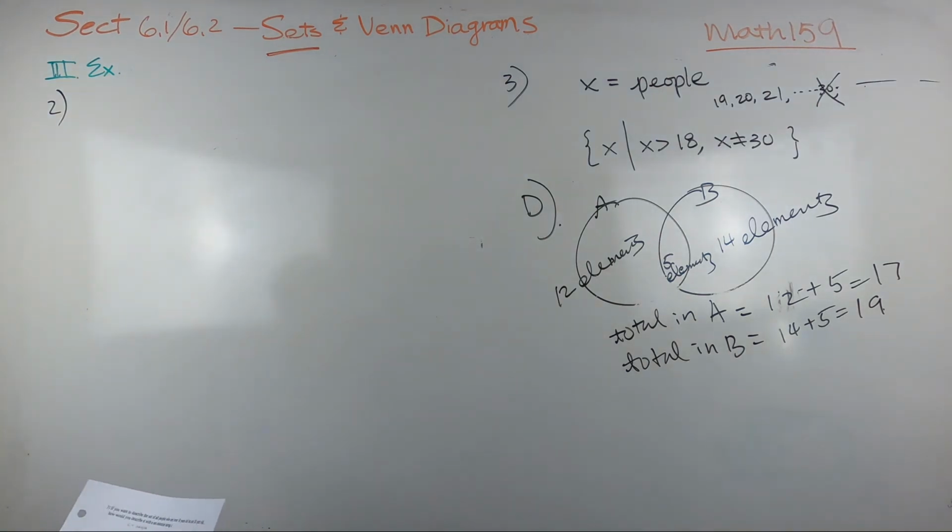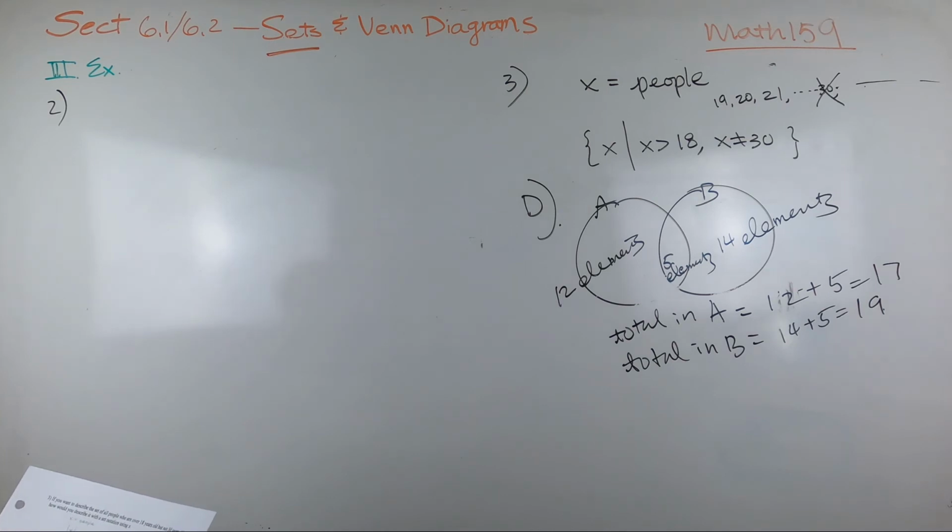Let's look at the next one on page 50. Example 2. It says, consider the Venn diagram below that shows the result of a study asking students whether their first college class was at the same place they are at now, whether they are right-handed, and whether they enjoy their experience at college.